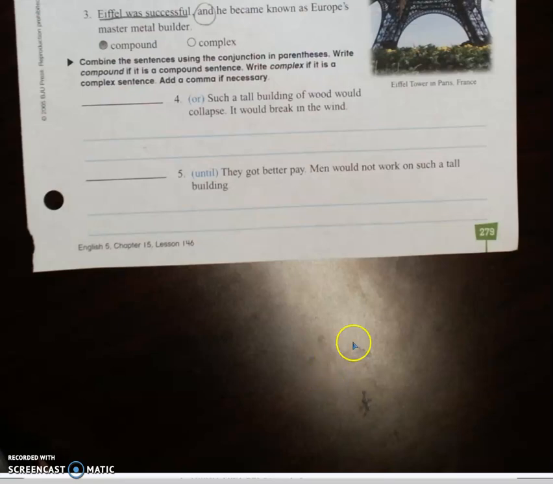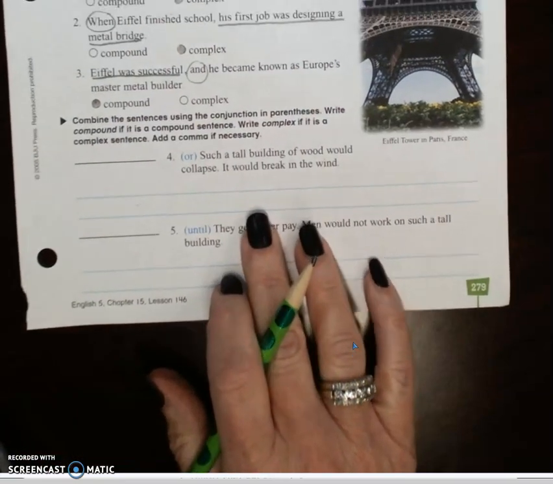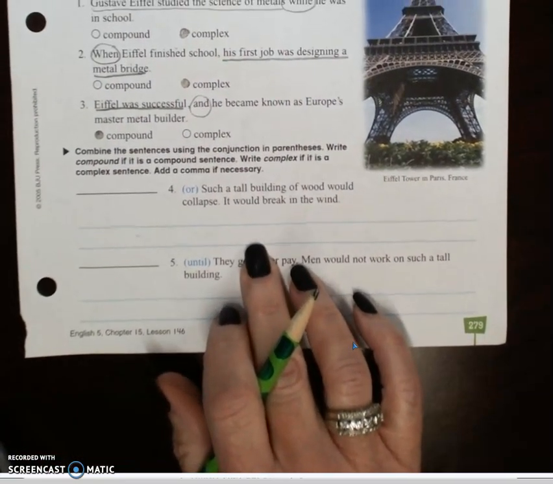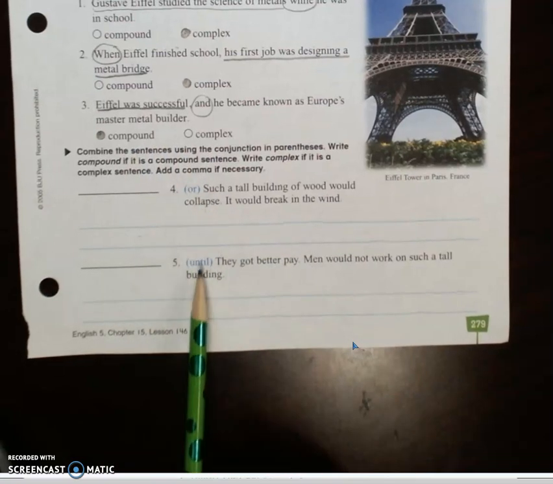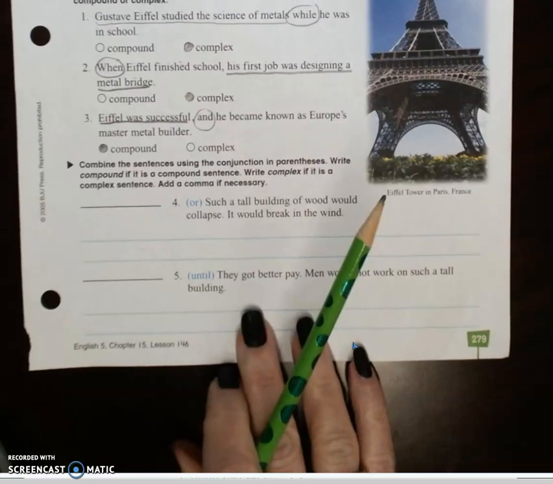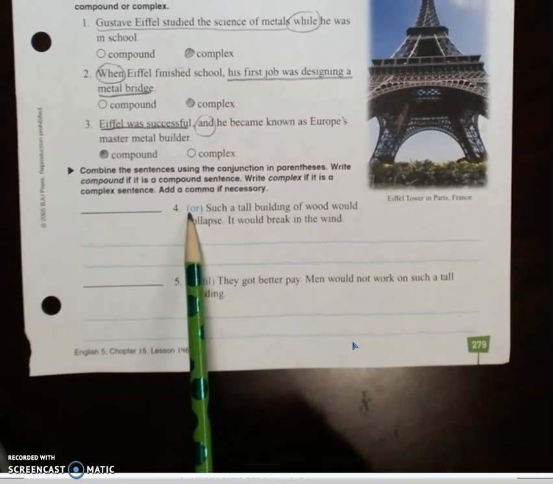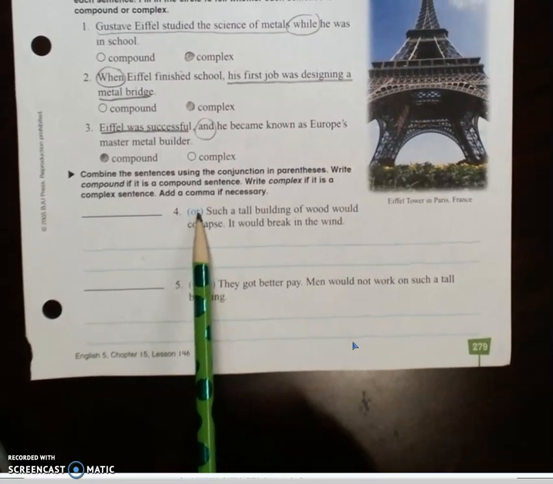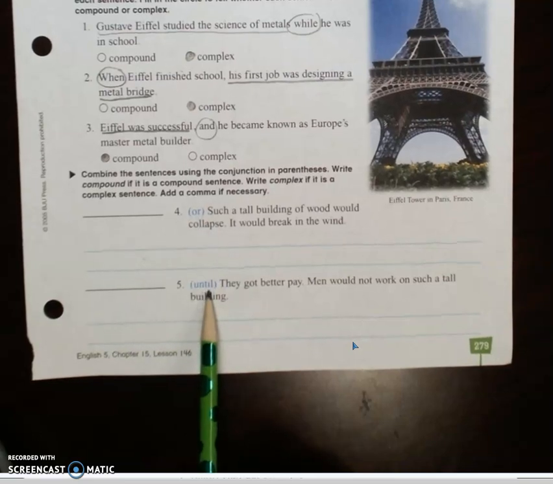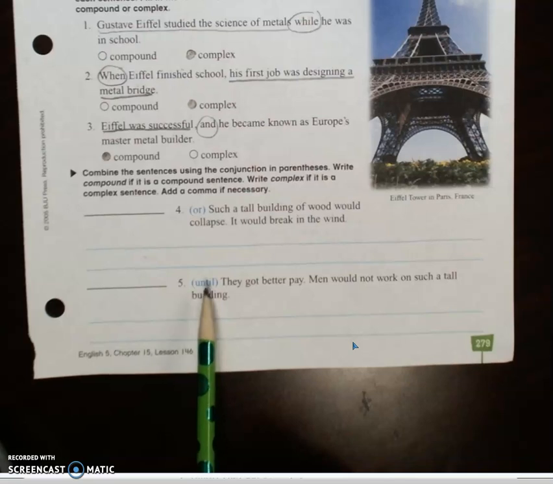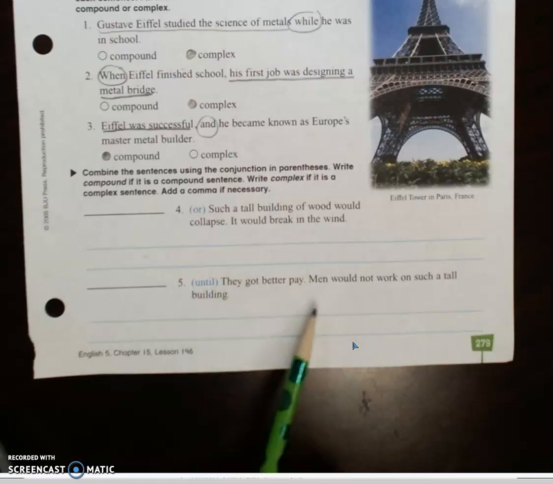It says combine the sentences using the conjunction in parentheses. So you have to use this conjunction in this sentence and this one and this one. Okay, and this one, what kind is this going to be? This is going to be a coordinating conjunction. This is going to be like in a compound sentence. And this right here, until, is going to be a subordinating conjunction. So this is going to be a complex sentence right here.